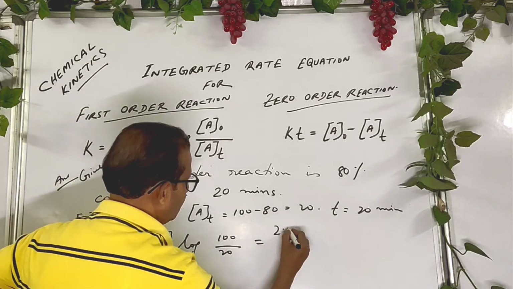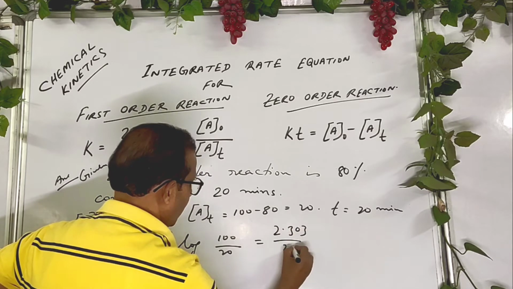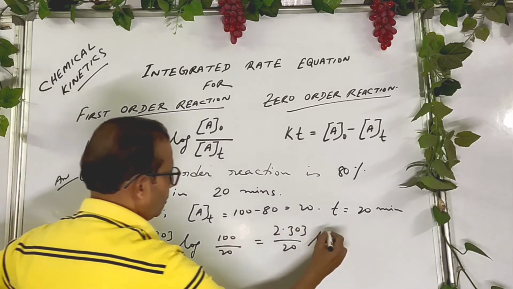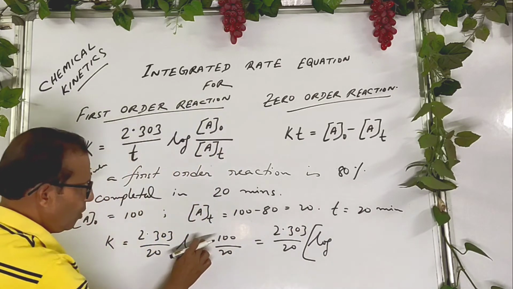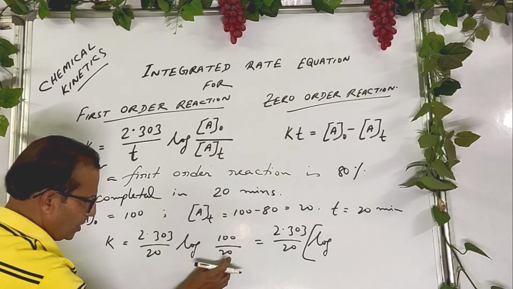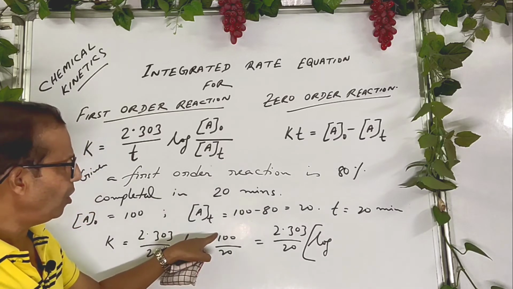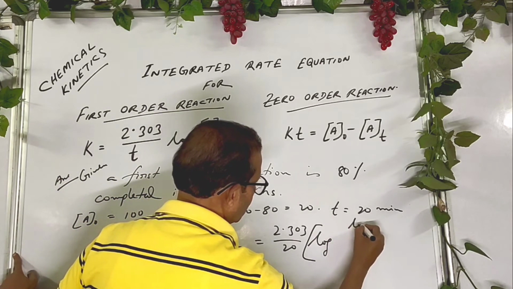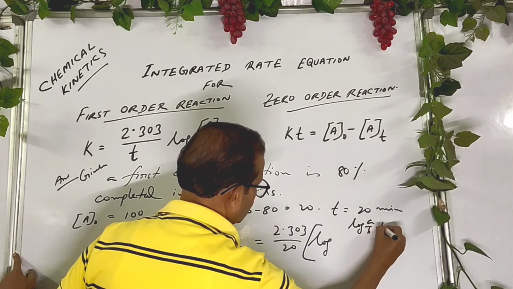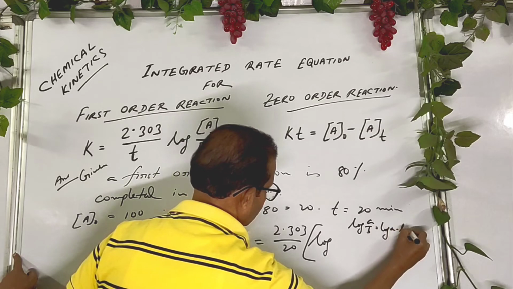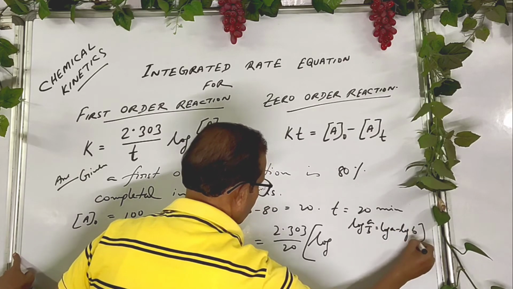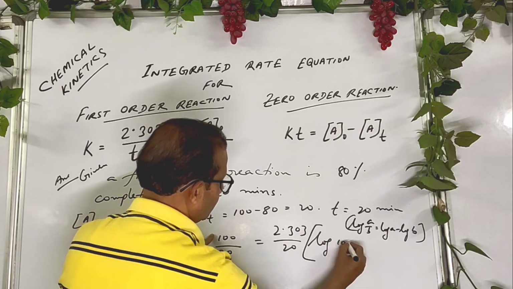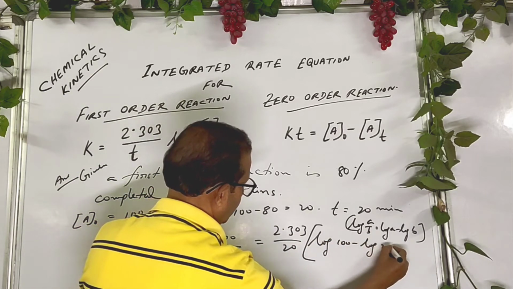How to calculate it? k equals 2.303 by 20 log 100 by 20. Now you know that log a minus log b, log a by b equals log a minus log b, this is the formula. So put into the same, log 100 minus log 20.